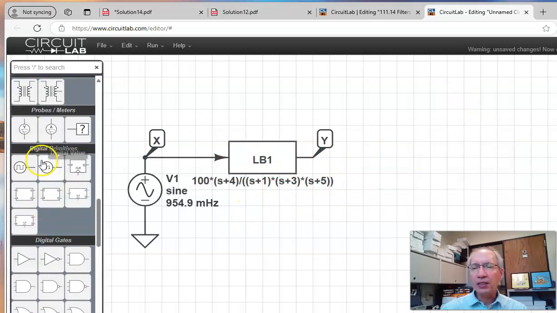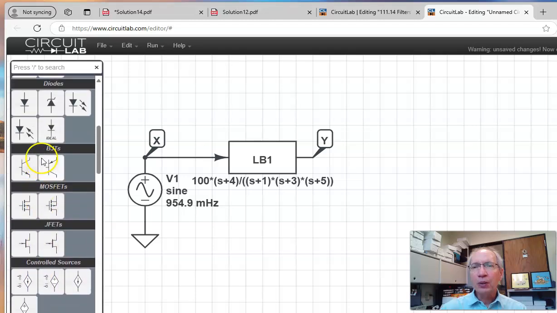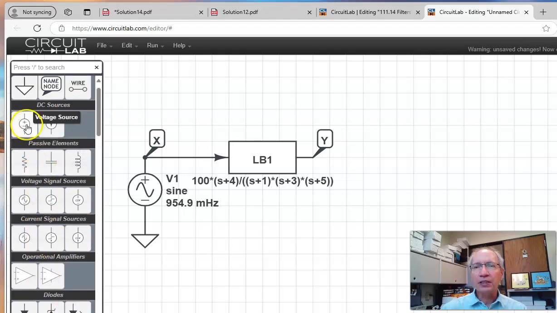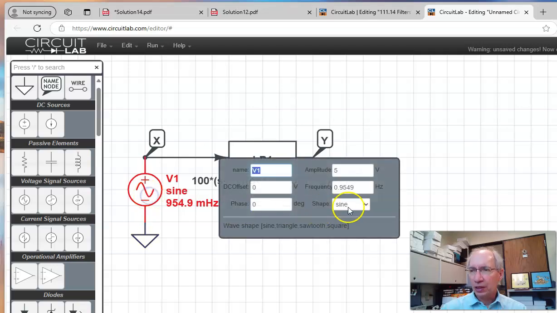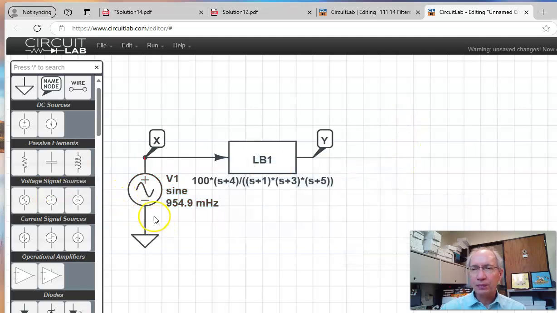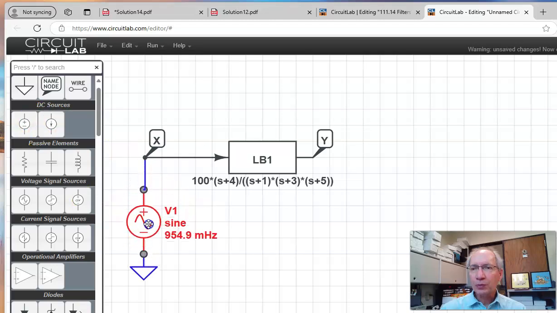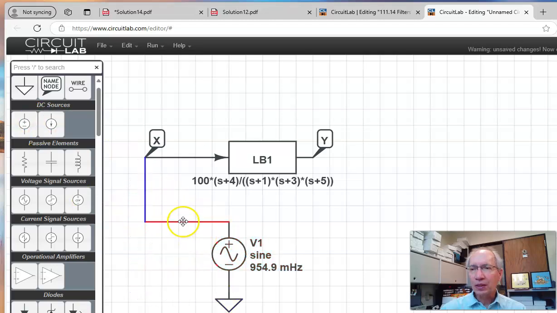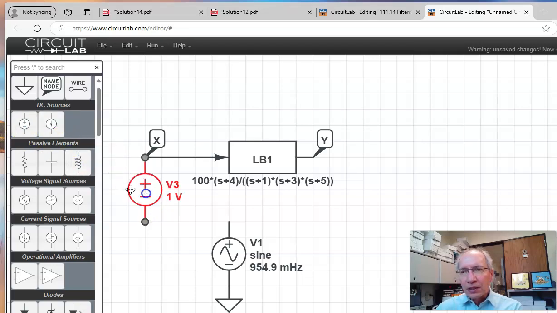If the input is a constant, which I can do with a constant source, let's make that a constant of amplitude 4.